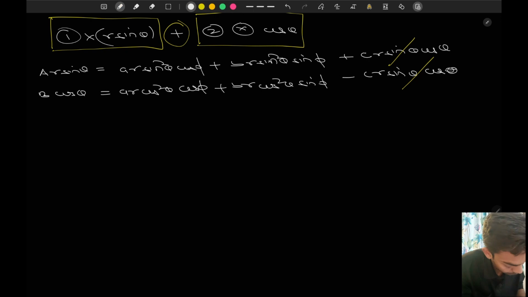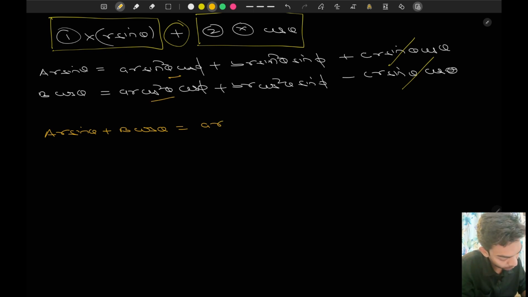let me write this in a different color. So we are left with AR sin theta plus B cos theta is equal to AR. So when I add those two terms, you can see that AR cos phi is common and we will have sin square theta plus cos square theta, which is equal to 1, right?